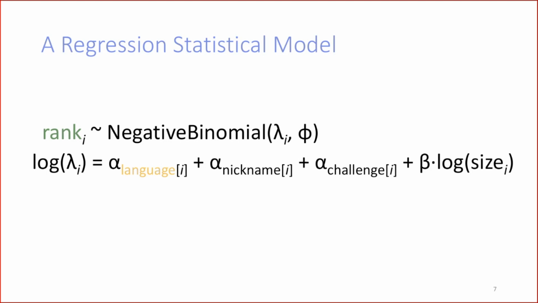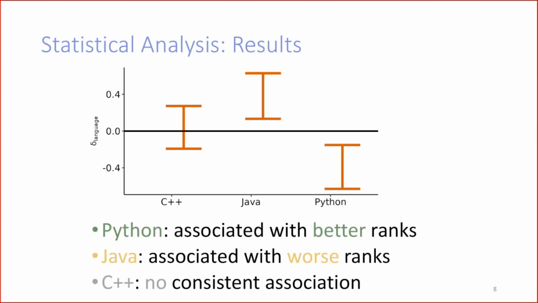If we fit this model on the data, this is what we get. These are the confidence intervals for the intercept associated with each programming language: C++, Java, and Python, okay? You have to look at these intervals and see if they are below or above 0. Below 0, so negative, means that programming language is associated with a lower rank.